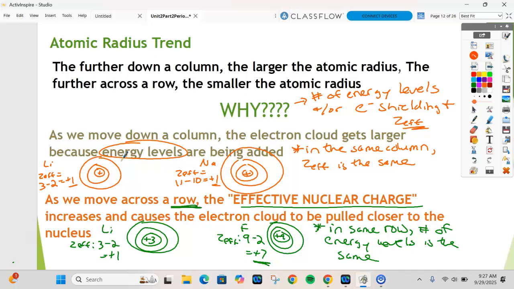Because the electrons are closer to the nucleus, or the ZeFF is bigger, then there is a stronger attraction.